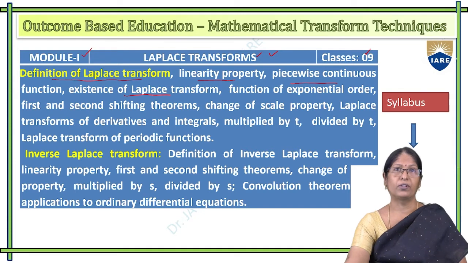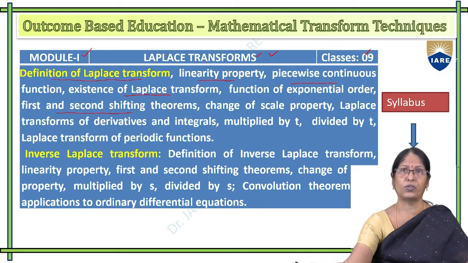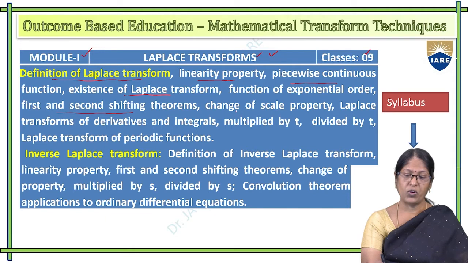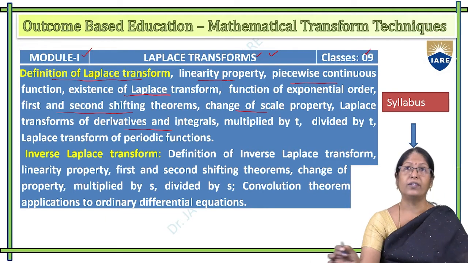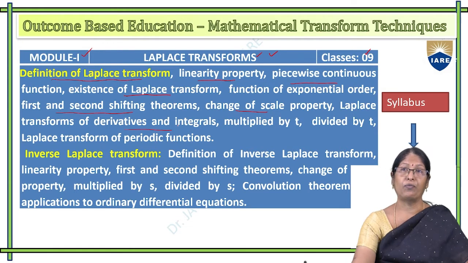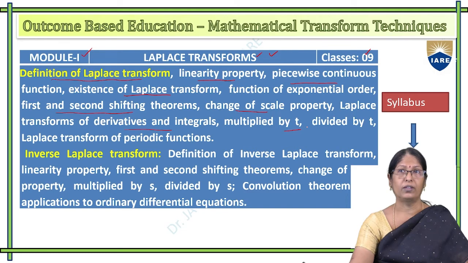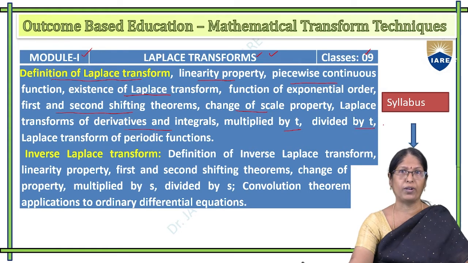That concept, and all the properties regarding the Laplace transform: first and second shifting theorems, change of scale property, derivatives and integrals. If the function f of t is multiplied by t, what is the formula? If it is divided by t, what is the formula?